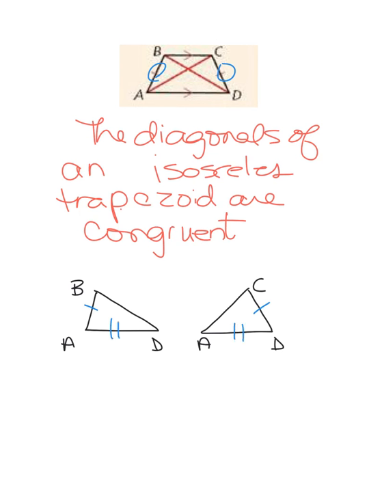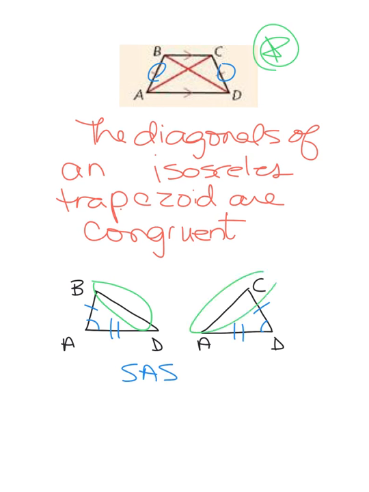And we also know that our base angles are congruent, so angle A is congruent to angle D. So these triangles are congruent because of the side angle side postulate. Now, going back and forth from our given diagram to our separated triangles, BD and CA are the diagonals of the trapezoid, and they are congruent because of CPCTC. So therefore, the diagonals of an isosceles trapezoid are congruent.